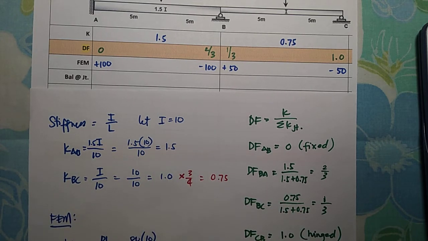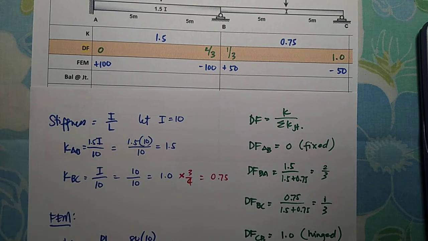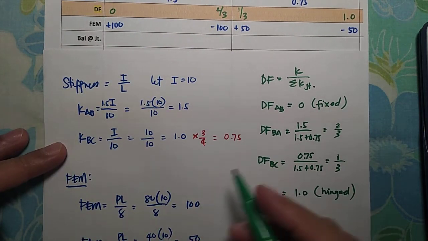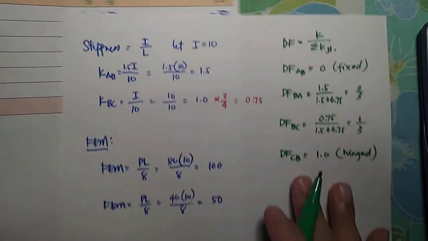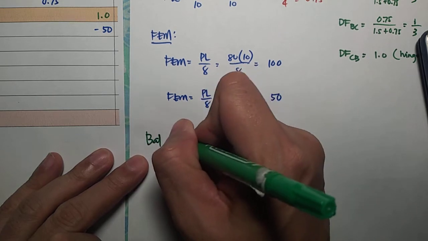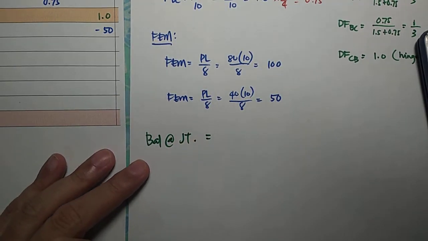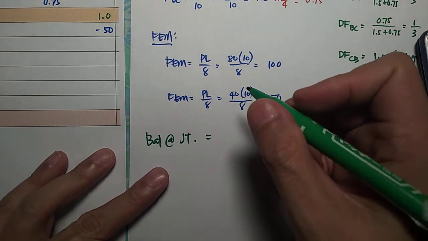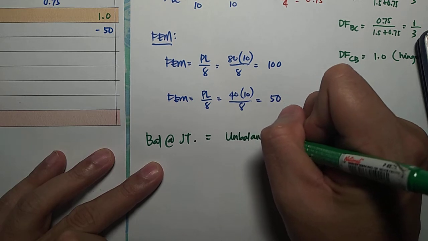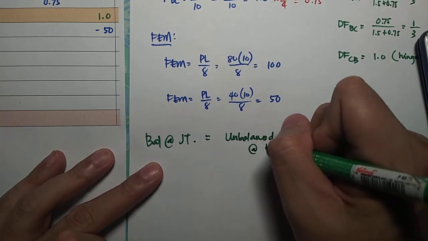Okay, for the balance of the joint, so how do we solve for the balance at a joint? Again, let me show. Paano ba pagsulat ng balance at a joint? Diba, kukuhain mo muna yung unbalanced moment at a joint.